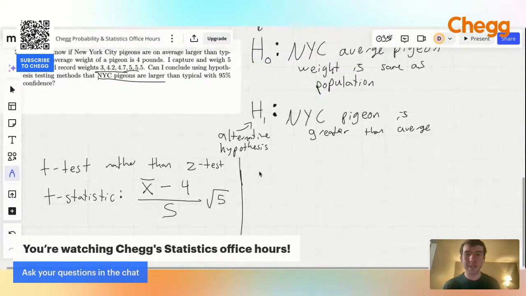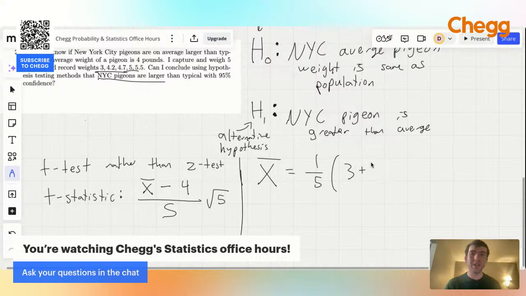For the sample mean, we're just going to plug this into our calculators: 1/5 times the sum of the data. So 3 plus 4.2 plus 4.7 plus 5 plus 5.5.